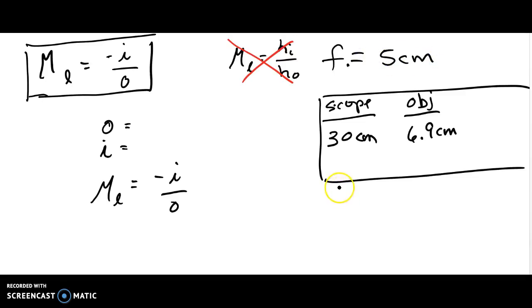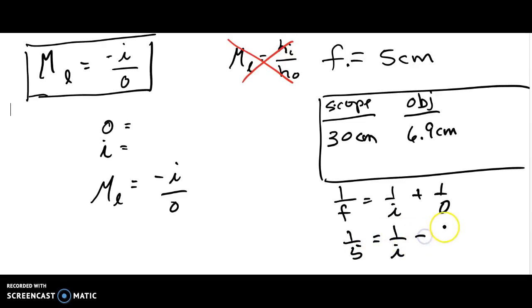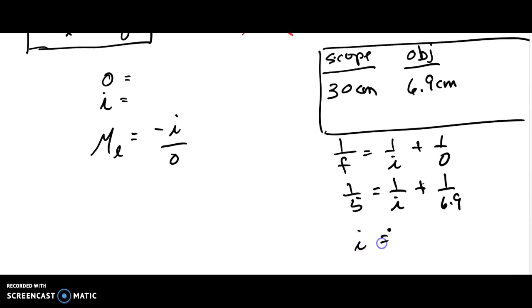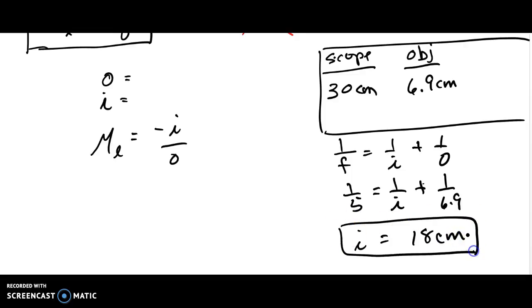So, just really quickly, when I do 1 over F equals 1 over I plus 1 over O, I'll go 1 over 5 equals 1 over I plus 1 over 6.9. And then doing that, my I will be 18 centimeters. So I is 18, and O is 6.9.